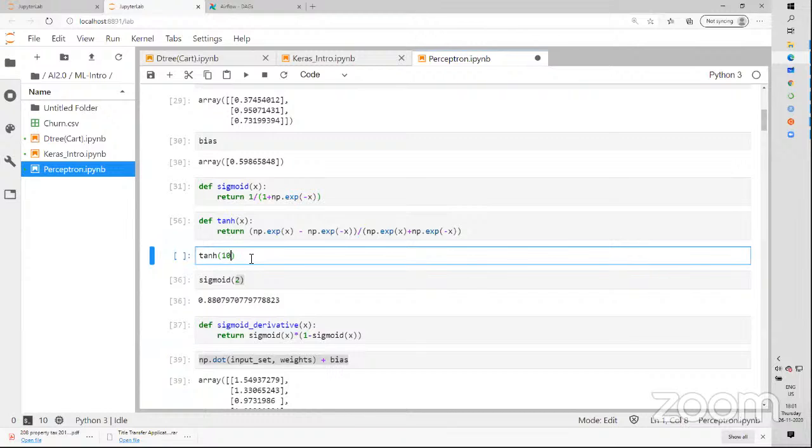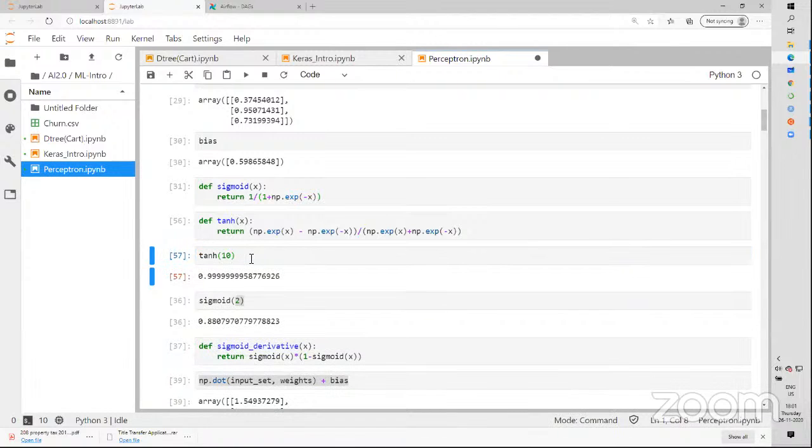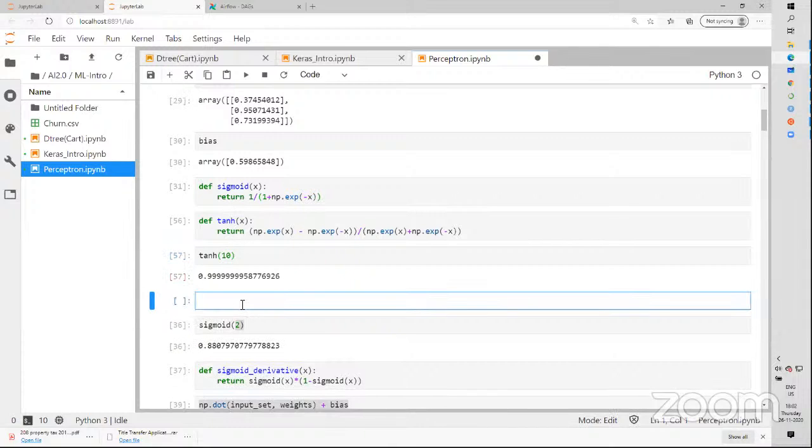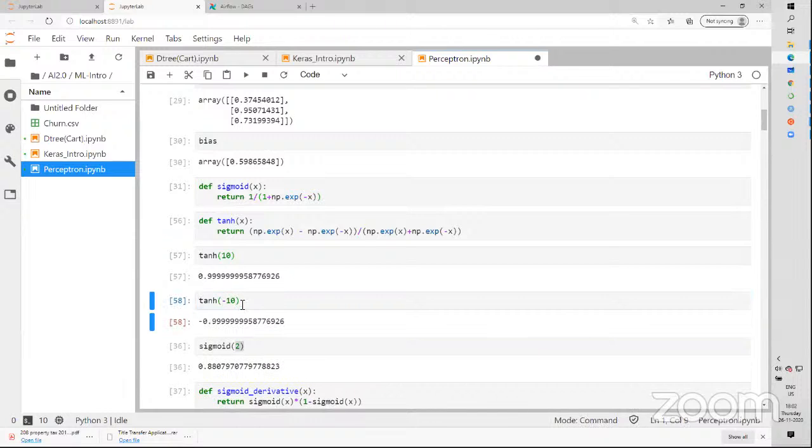Tan h of 10. What is the value it is going to generate? 0.99, so it's close to 1. Then tan h of minus 10 is close to minus 0.99. If you remember the concept that I discussed yesterday, tan h is also like sigmoid, just that the output is going to be between minus 1 and plus 1.